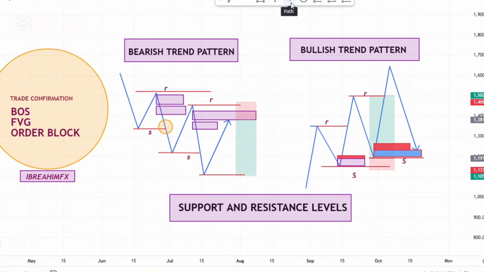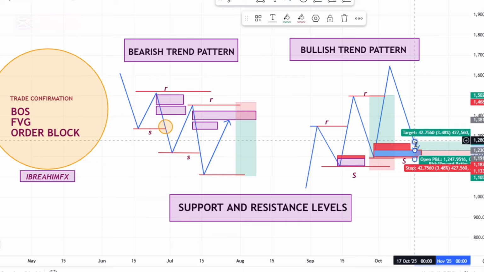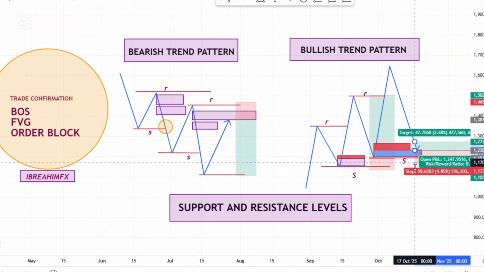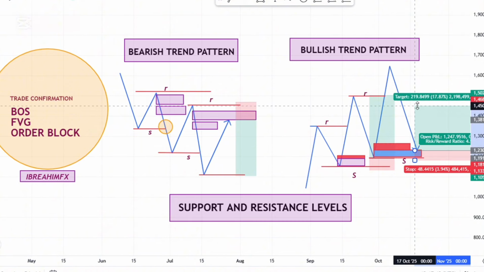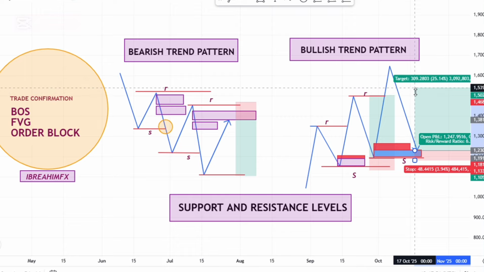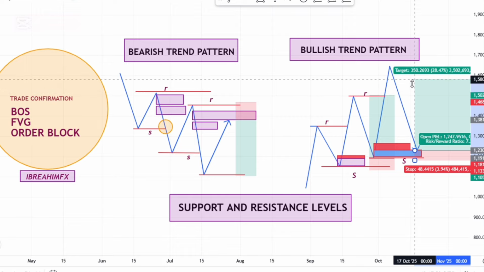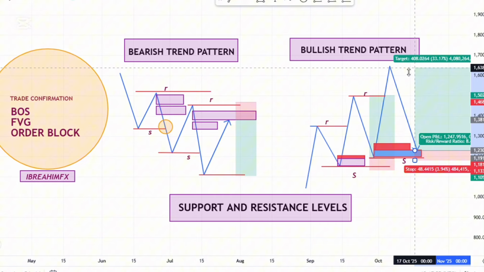So you place a trade here, set your stop loss below the support level and the last resistance level, and put our take profit right here.